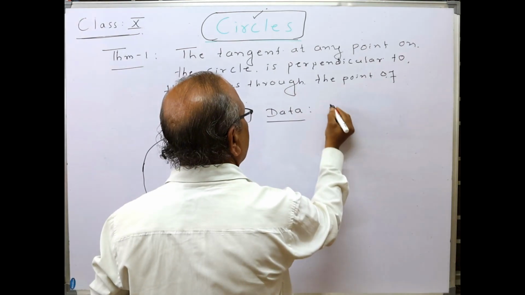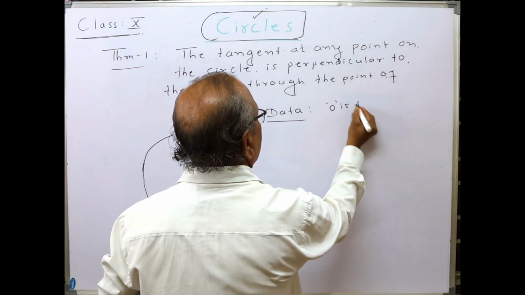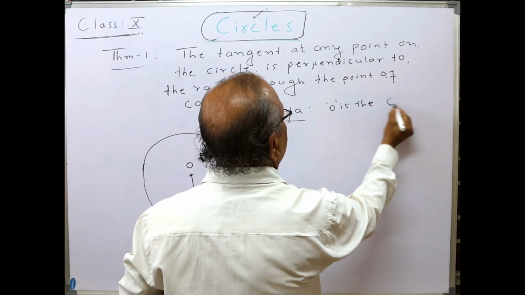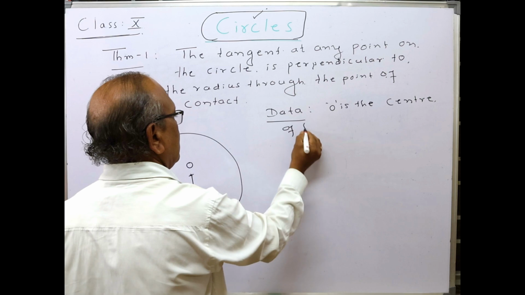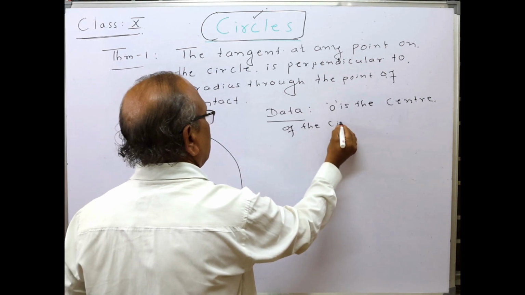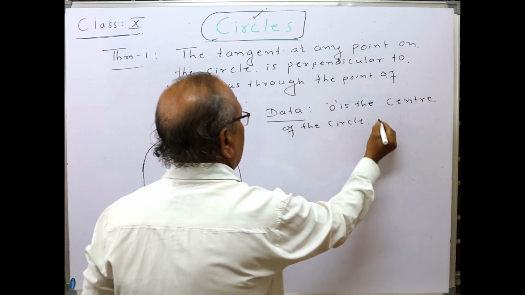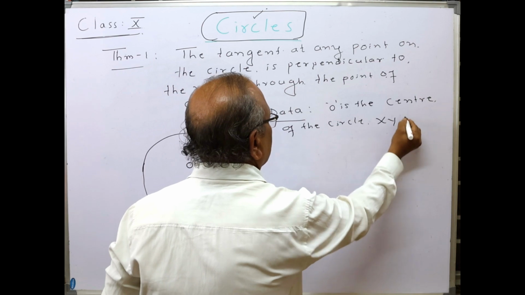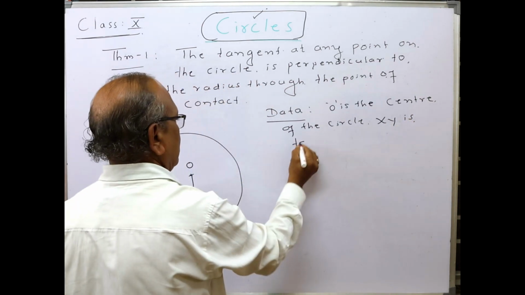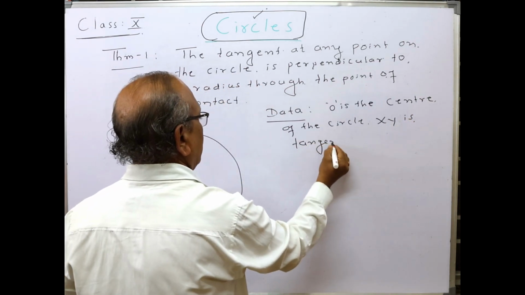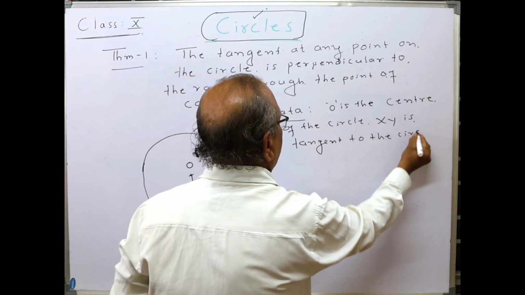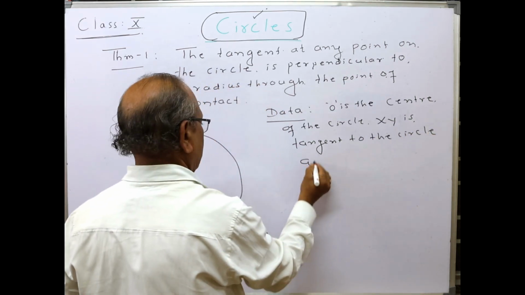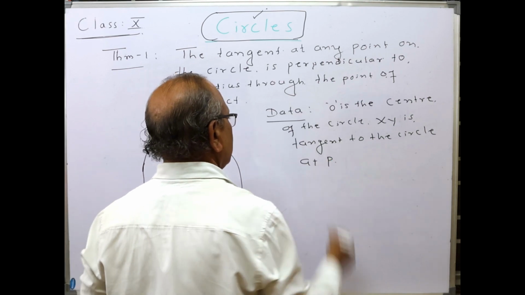O is the center of the circle. XY is a tangent to the circle at P, which is the point of contact.